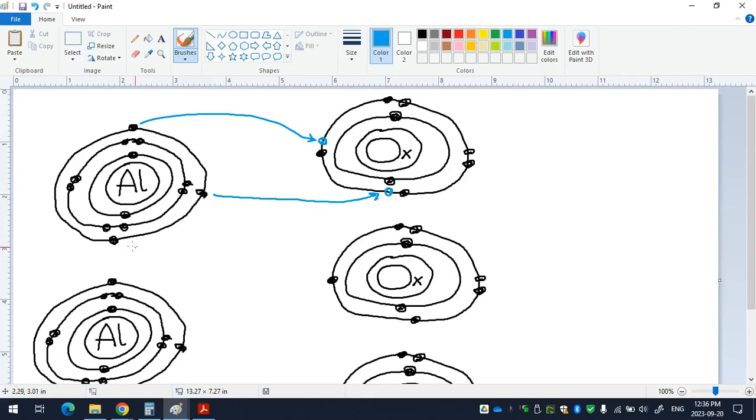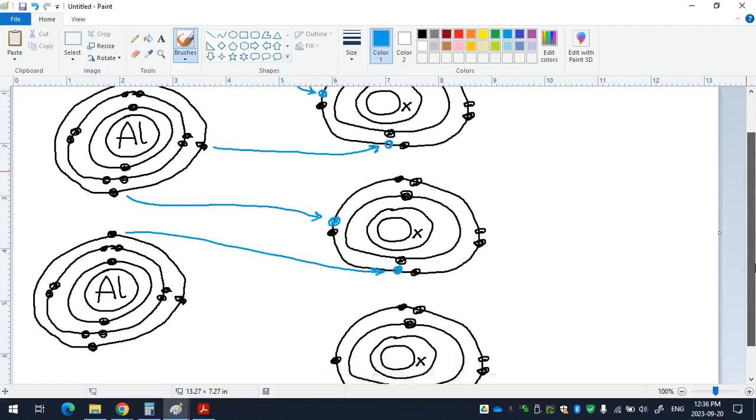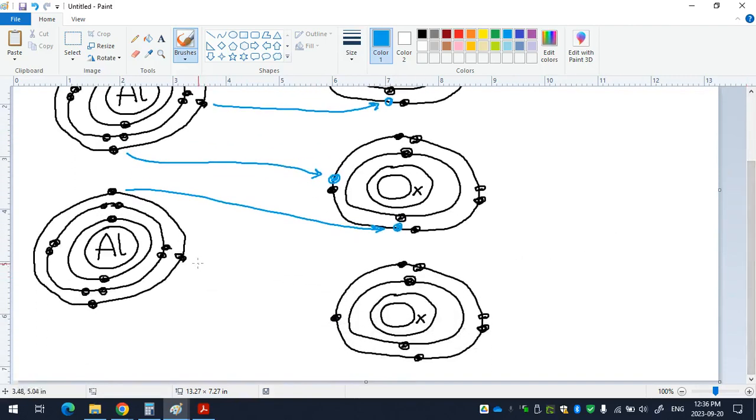Now, this one is going to go here. And this one is going to go here. Well, you don't have to curve it that much. Very good. And finally, maybe this one's going to go here.